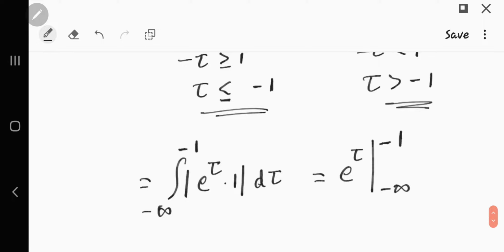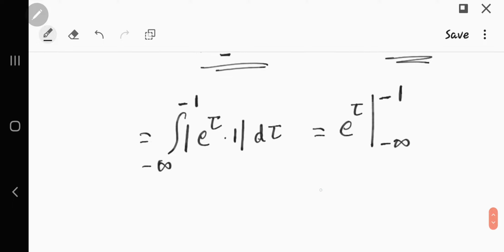If you apply the limit, e to the power of the upper limit, minus 1, minus e to the power of minus infinity. e to the power of minus infinity is 0.